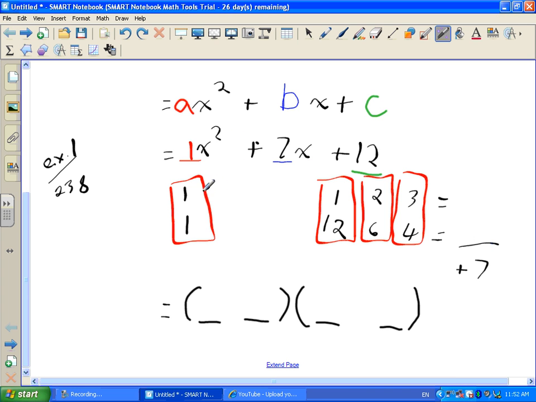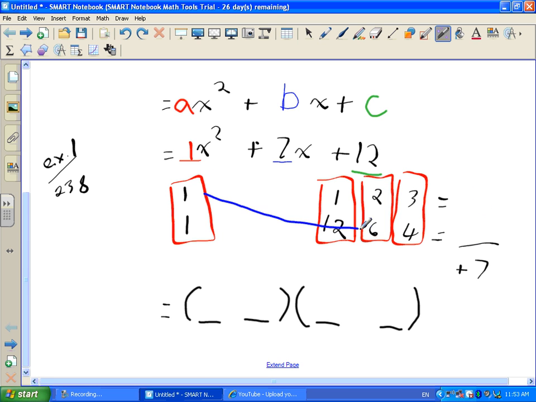Next thing we're going to try, the next column. Because there's only one column of A, I'm always using this column. If there's two, then I'm going to have to work back and forth, trial and error again. So I take 1 times 2, 1 times 6. So I get 2 and 6. Any combination of 2 and 6 that equals 7? No. So these two terms don't work.